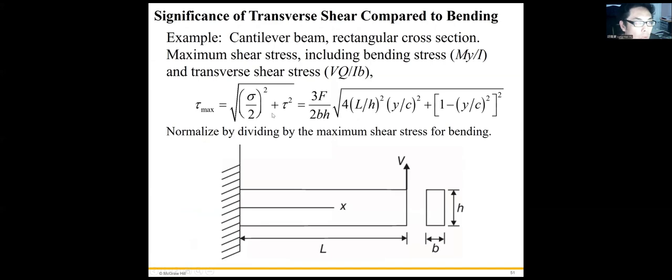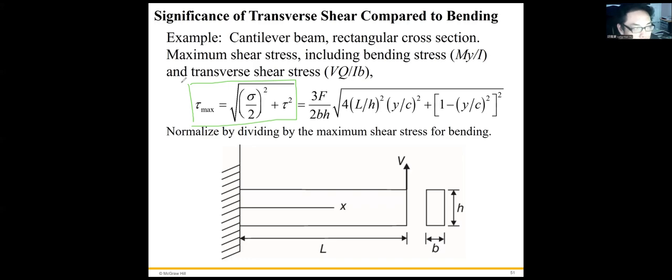So for the cantilever beam with a rectangular cross section, the maximum shear, including the bending and the transverse shear, equals this equation. This equation is from Mohr's circle, not Moore's law. From Mohr's circle, we calculate the maximum shear stress.